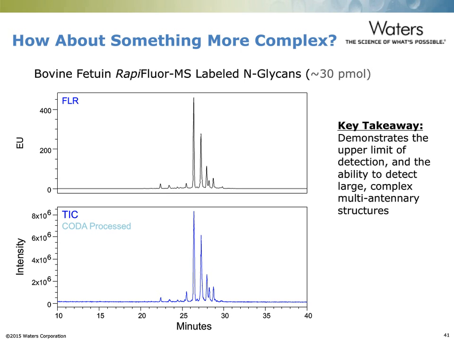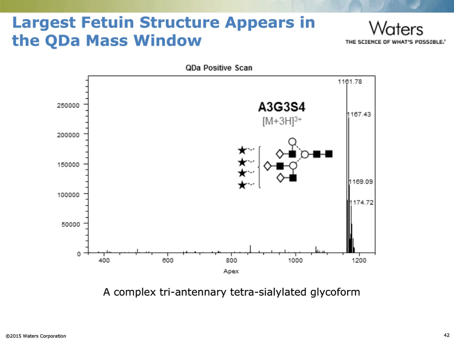And if we look at the spectra for one of the larger structures within bovine fetuin, which is shown on this slide, this is a triantennary tetrasialylated structure, and we're getting very good and meaningful mass information to allow us to confidently assign that very complex, highly sialylated structure with the QDA. This also highlights that those larger extended structures do appear within the mass window when they're labeled with RapiFluor-MS. And this is an example of something that would be very difficult to impossible to accomplish with any of the conventional labels that are available today.